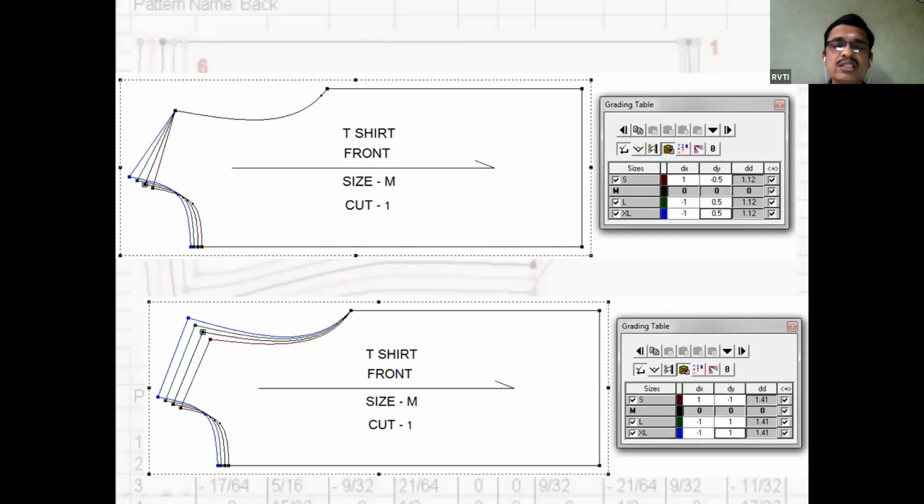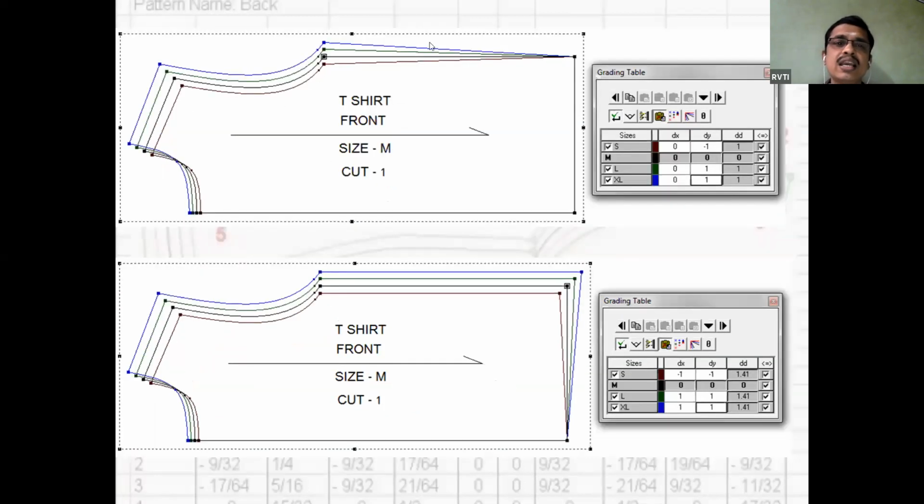So simply, we prepare the pattern, enter the sizes, and calculate the increments. Increment calculation should be done by us only. So we should know how to calculate the increment. After that, you prepare the increment table, click each and every point and apply the increment, and finally get the sizes.